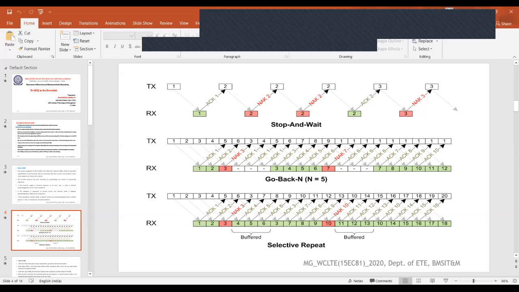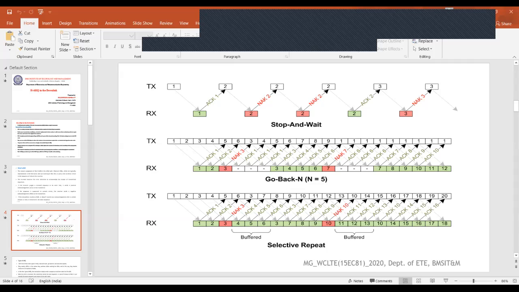Even the second time it is received with errors, so again it sends a negative acknowledgement, and the transmitter sends the same packet back to the receiver. Now the receiver has received the packet with no errors. When it sends a positive acknowledgement, the transmitter will send the next packet, that is packet 3.